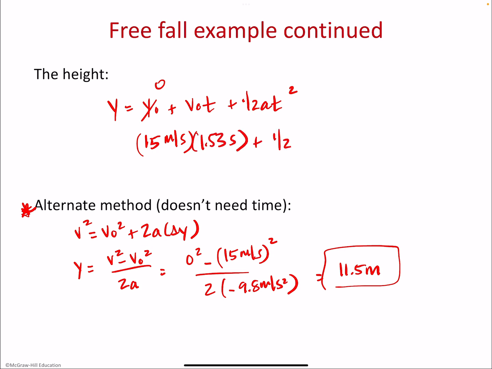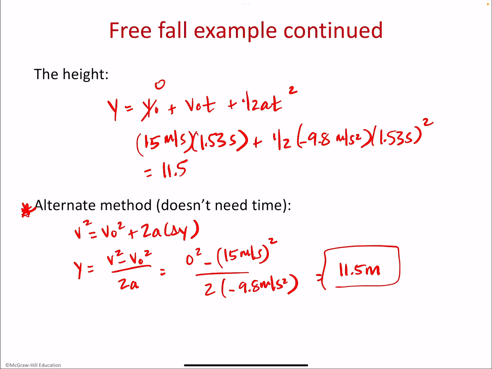1.53 plus 1/2 times what's our acceleration that we're using? Negative 9.8 times 1.53 seconds squared. I really hope that we end up with 11.5 again.